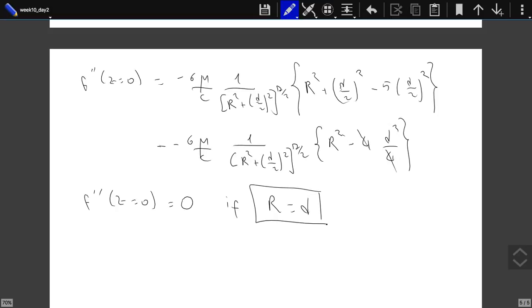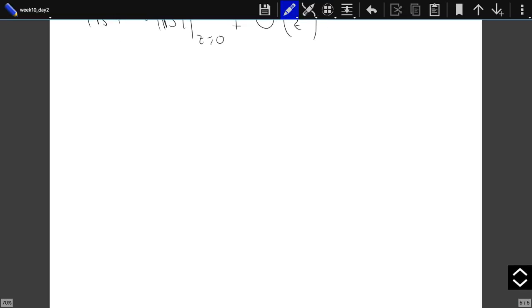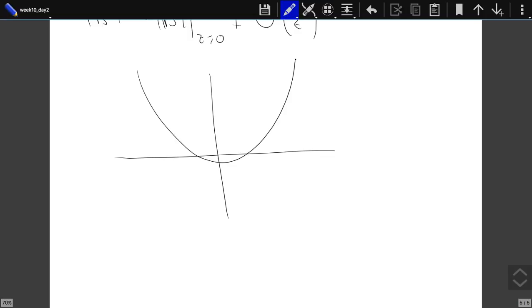So for this condition, the magnitude of B along the line connecting the centers will be B evaluated at z equal to 0, plus corrections that will be of the order of z to the power 4. So it will be almost flat. As a function of z, this is how a parabola looks like.